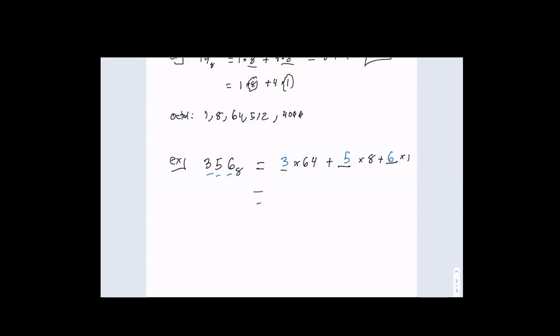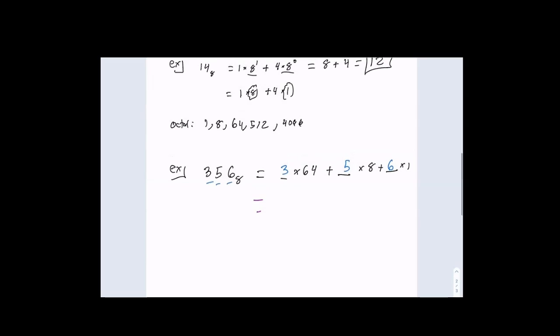3 times 64. Now, here's another thing I should note. I know my answer is less than 512 because when I go into 3-bit, the total maximum number of outcomes is 512, which means the biggest number I can get is 511. Just something to note. So 3 times 64 is 192. 5 times 8, I think we're feeling comfortable with that.